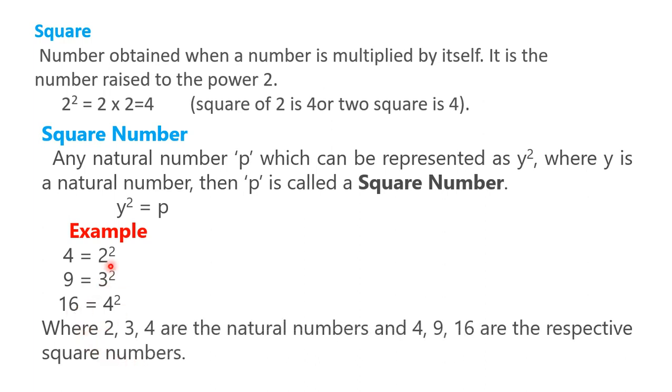Here in this example, 2, 3, 4 are the natural numbers and 4, 9, 16 are the square numbers of 2, 3 and 4 respectively.